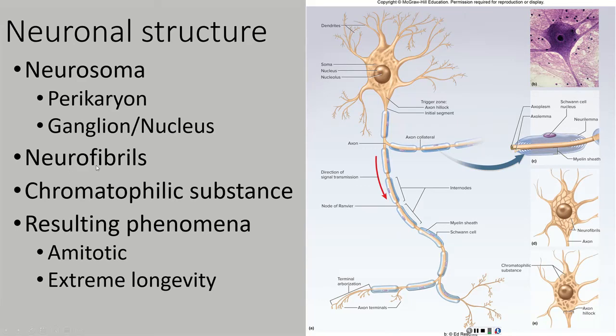Next, neurofibrils. Neurofibrils are a modified version of the cytoskeleton that we find in a neuron. And we see it kind of drawn over here. These are actin fibers, and they're going to kind of form a very specialized web network.